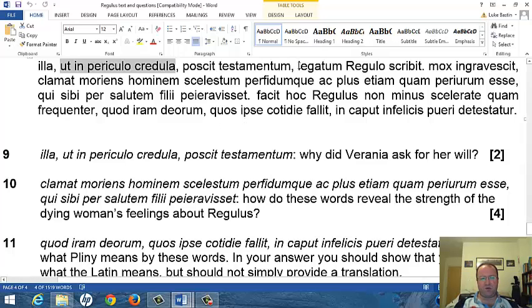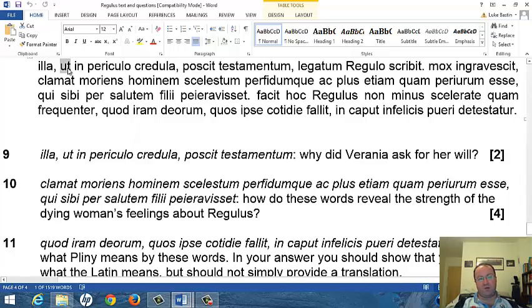The clause is ut in periculo credula legatum regulo scribit. Okay, that's the main clause. Because scribit is not subjunctive, we're not into any purpose clauses or indirect commands or result clauses, any of those kind of things. We literally just translate this as or when. Okay, as or when. Here we're probably going to go for when.